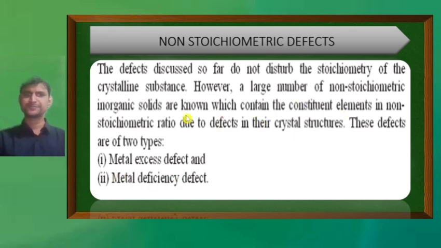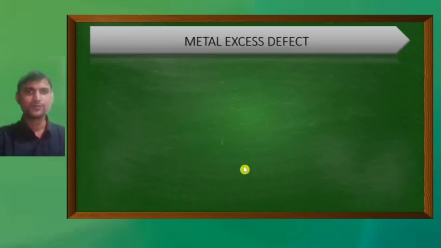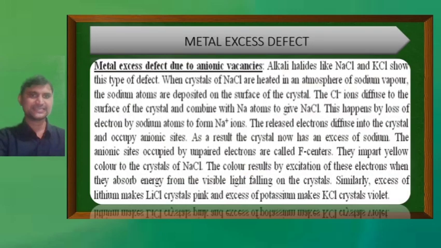Non-stoichiometric means there is no fixed ratio of cations and anions in the solid. This is a very important point. First we discuss metal excess defect.